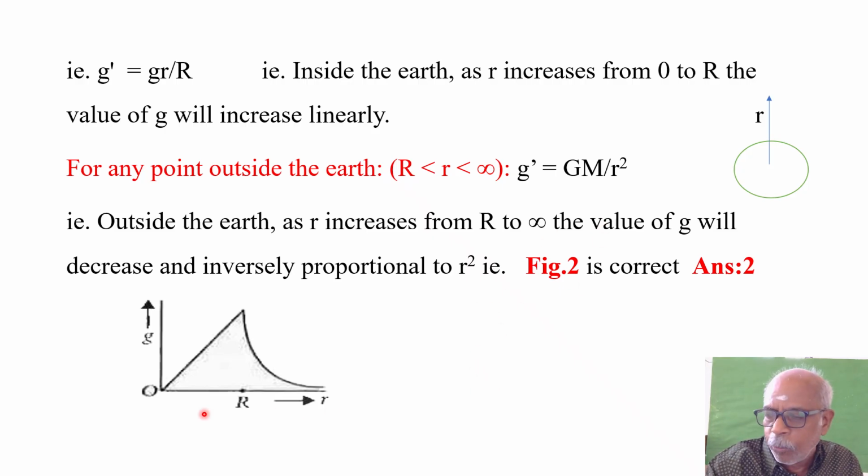In figure 3, both the increase and decrease are nonlinear. But in actual practice, for any point inside the earth, the increase in acceleration due to gravity is linear, and for any point outside the earth, it decreases not linearly but inversely proportional to r square. So option 2, graph 2, is the right answer for this question.